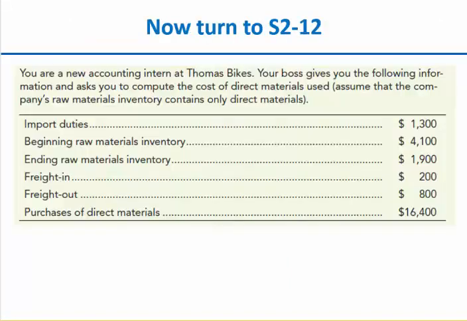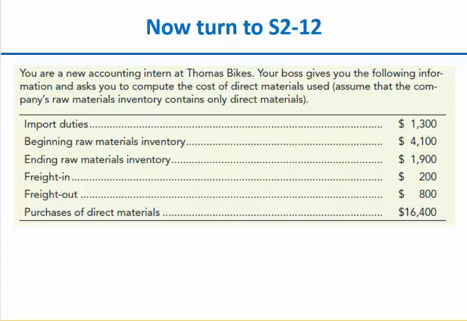So let's take a look at this very interesting example here. You are a new accounting intern at Thomas Bikes, and your boss gives you the following information and asks you to compute the cost of direct materials used. Assume that the company's raw materials inventory contains only direct materials.